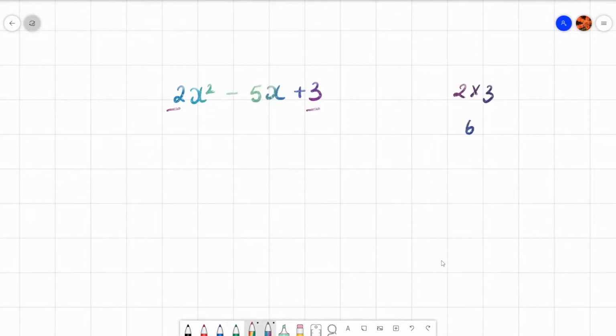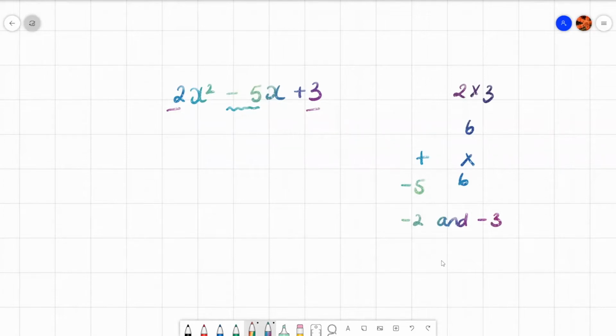This time I want two numbers that times to make 6, but add to make the middle number, which is minus 5. Well, I know 2 times 3 is 6, and I know I can make minus 5 from 2 and 3. It's going to be minus 2 and minus 3, because minus 2 take 3 is minus 5.